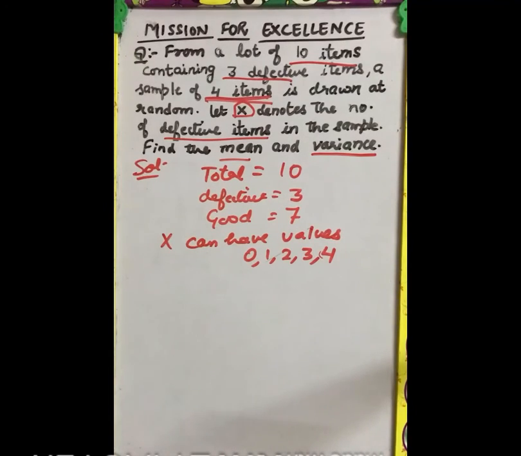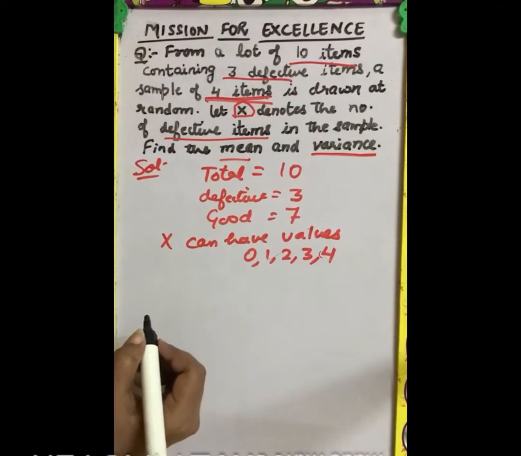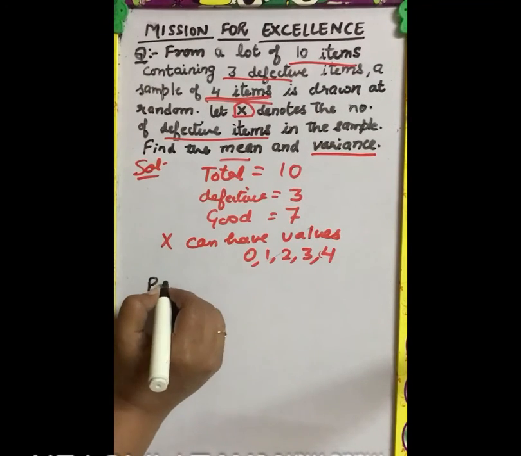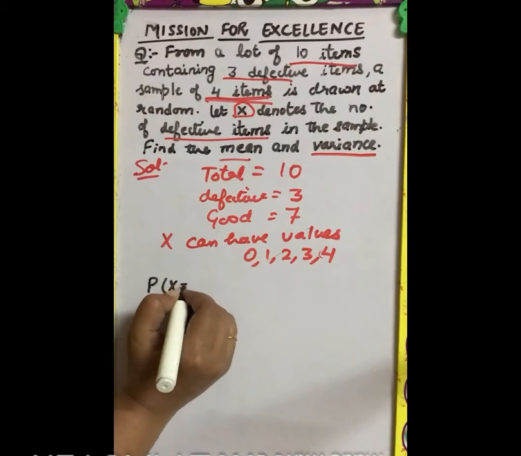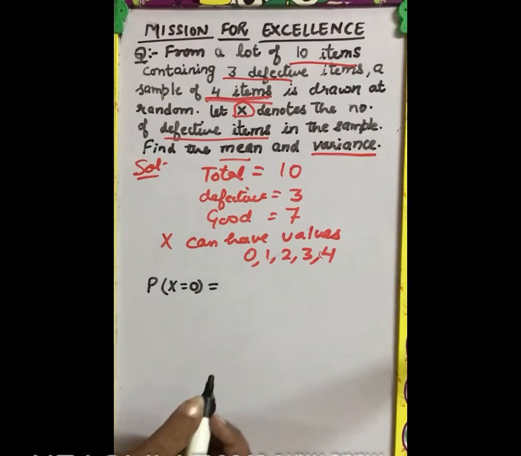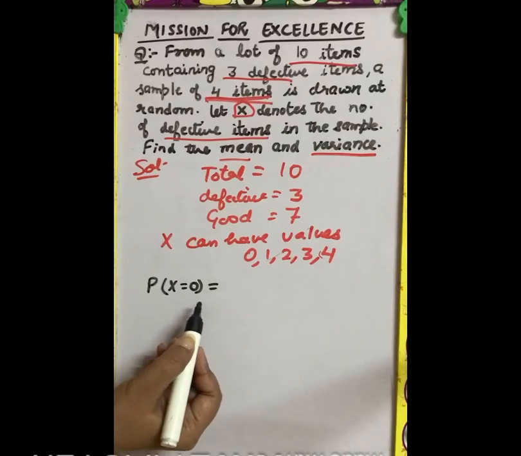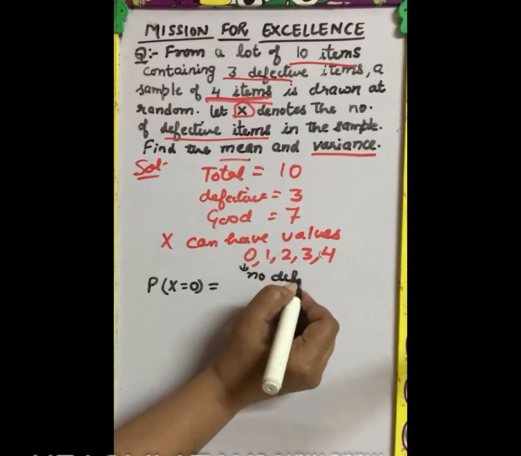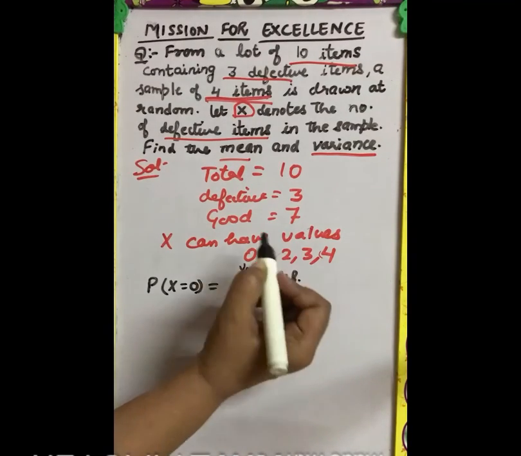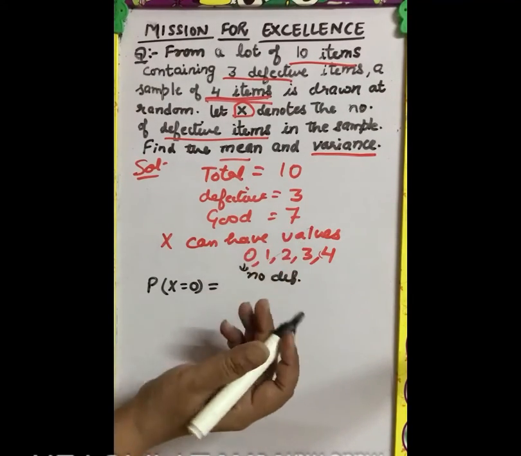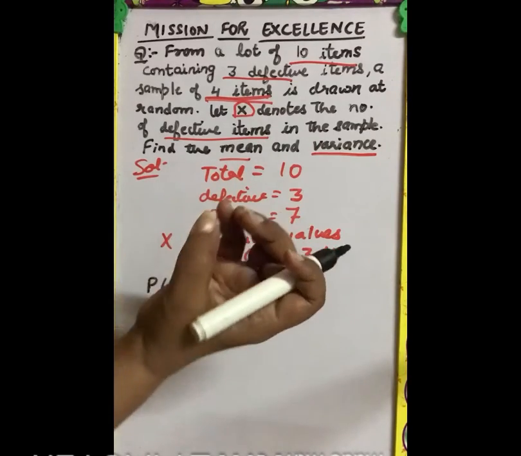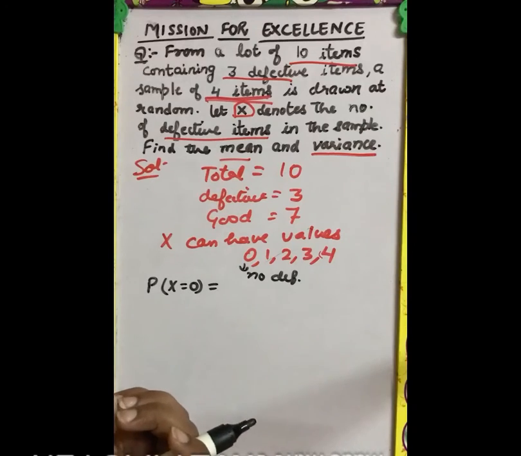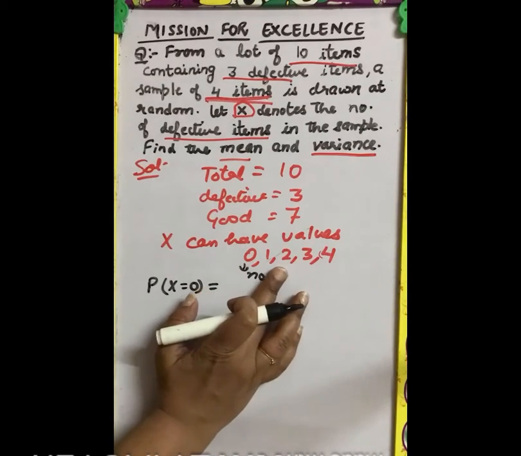Now we calculate the probability for X equal to 0. Probability of X equal to 0 means no defective item. No defective means all are good, and we have 7 good items. Out of these 7 we have to draw 4 good items, which means we use the concept of combination. In combination we only select, we don't arrange them.